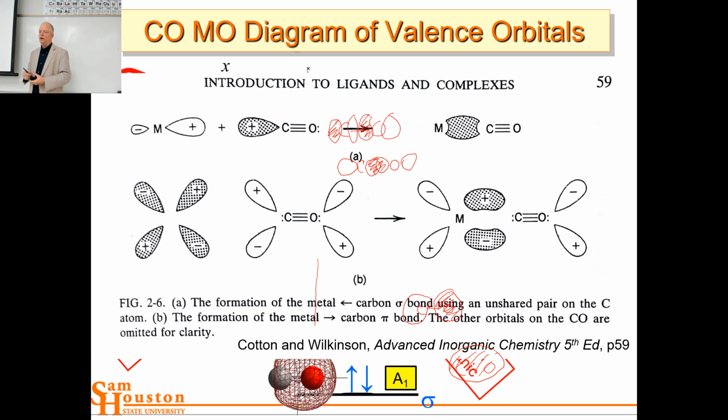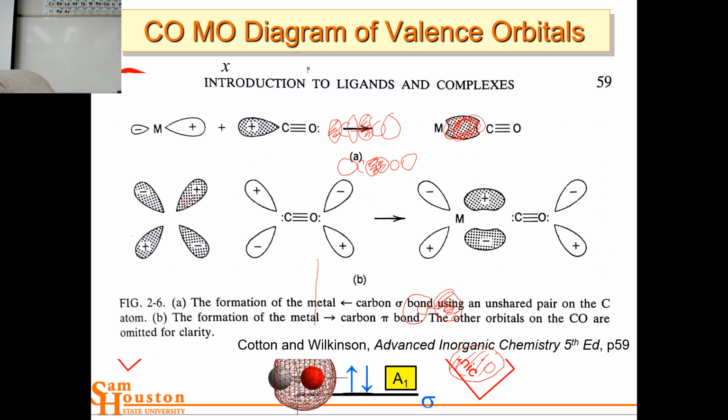And so this is from our inorganic text, Cotton and Wilkinson, where you see up here that it's shown just with that electron density on the carbon coming in and associating with the metal and forming this sigma arrangement.